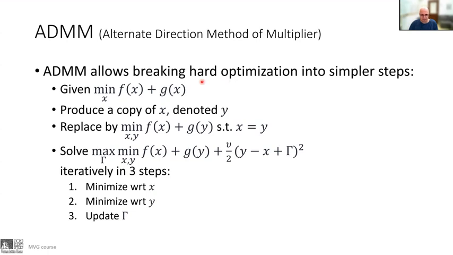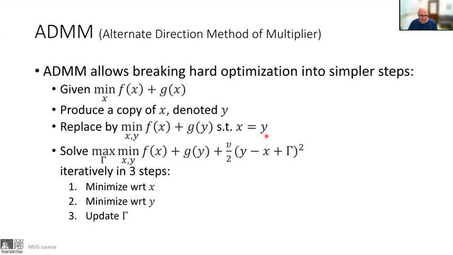Okay, so suppose I want to solve a problem of the form f(x) plus g(x). I somehow just take my optimization and treat it as a summation of two terms, which I call f and g. What I will do is I will produce a new copy of x that I will denote y. And I will try to solve: minimize f of x plus g of y subject to x equals y.